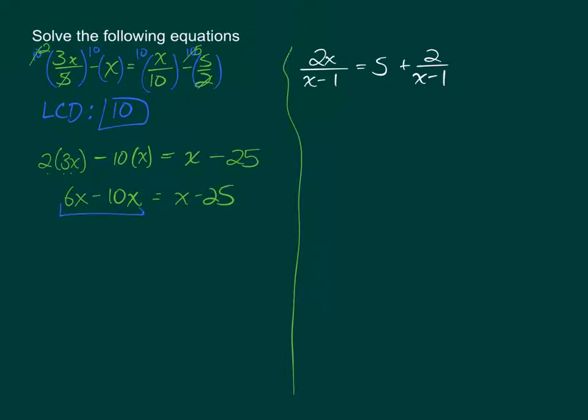So these can be combined, leaving you with negative 4x equals x minus 25. You could move the smaller number of x's, being negative 4 x's.